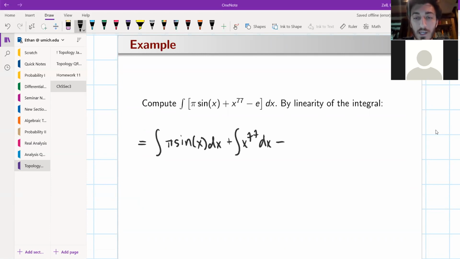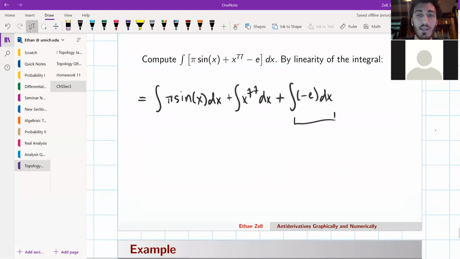And I'm actually going to use linearity here to pull out the minus e, giving me the integral of just dx. But of course, I could have actually left that minus e in there. And then we have a theorem that tells us that if I had a constant k in there, then it should be kx plus c. So it should be minus ex plus c.